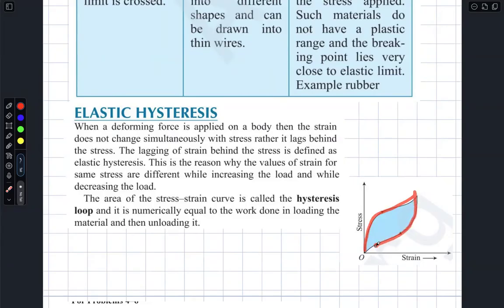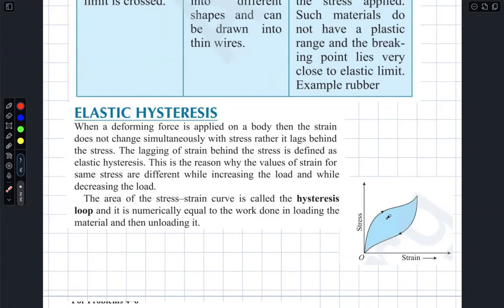And finally, I made the load 0. The path that I followed in the forward direction is missing in the reverse direction, which means there is some delay. I repeat, there is some delay or lag in the stress strain graph.